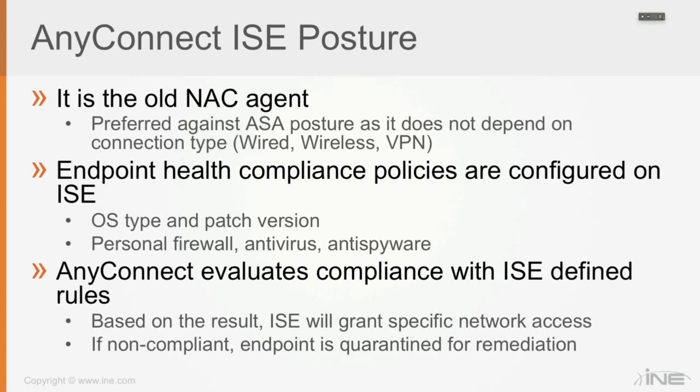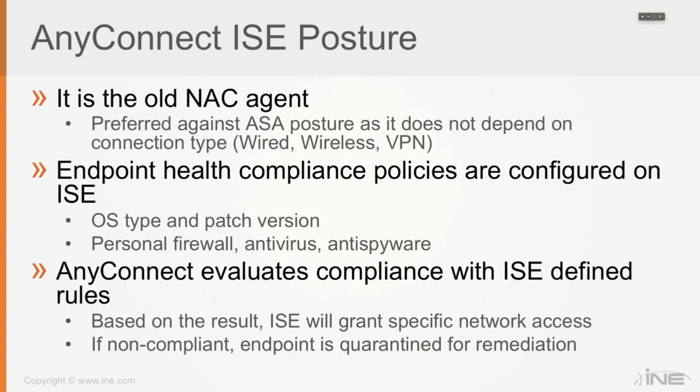And based on the result, ISE is going to grant specific network access to the user or no access at all. For example, if it's a non-compliant endpoint, ISE can choose to quarantine the endpoint for remediation, for somebody to come in and fix whatever problems have been discovered, because it's considered to be either an infected endpoint or an endpoint which could be a threat vector in the network because it doesn't have the antivirus installed, for example.